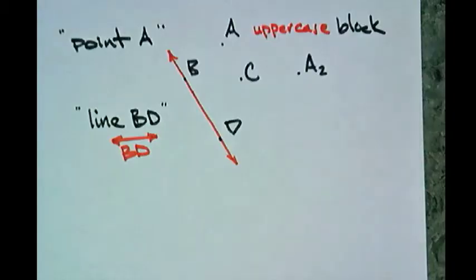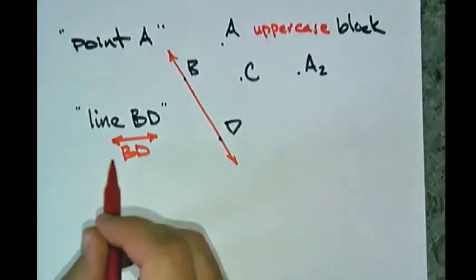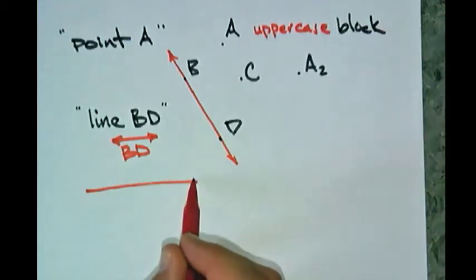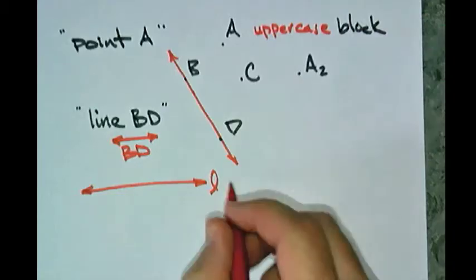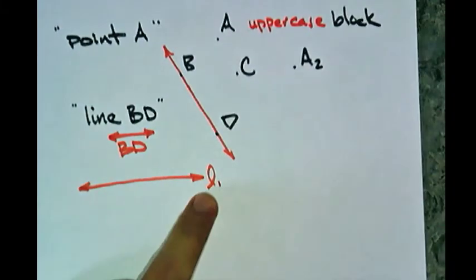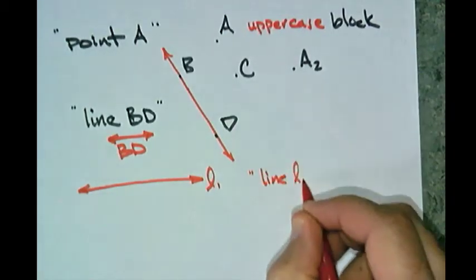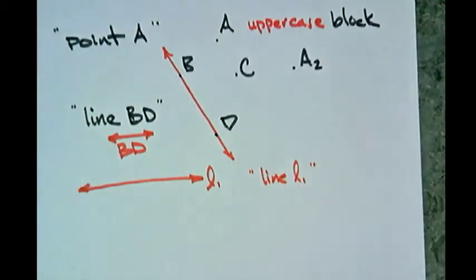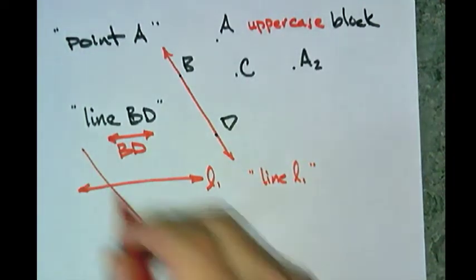There are other ways, though, that we can name lines. The symbol BD names the 2 points that the line goes through. We can also use cursive L's, and that refers to a line. So that would be called line L1, and I can make another line here.